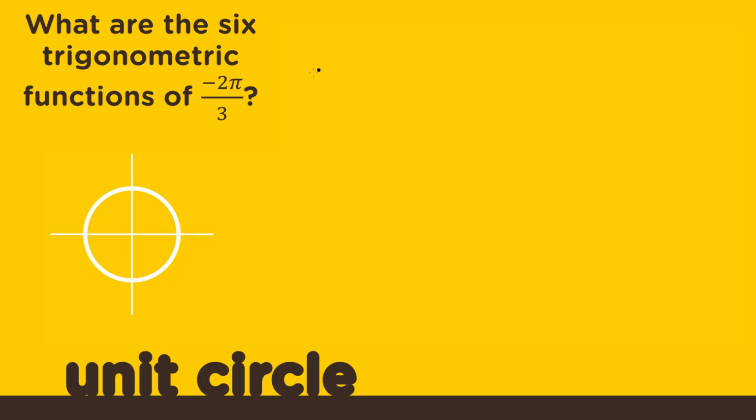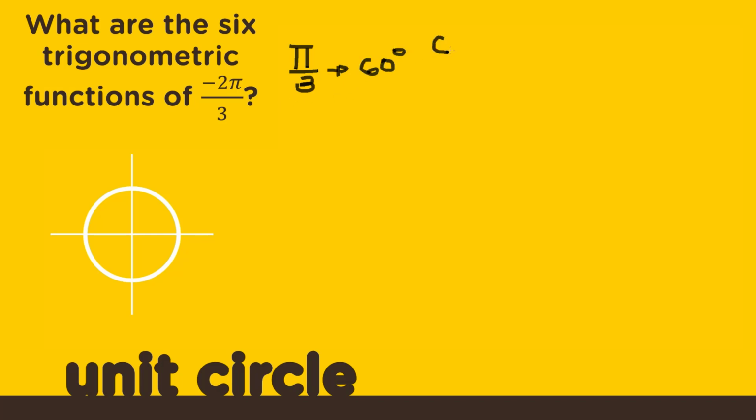We need to start with identifying the location of negative 2 pi over 3. Of course, we already know the coordinate of pi over 3. We can memorize that one or familiarize with that. We all know that the value in terms of degrees for pi over 3 is 60 degrees.